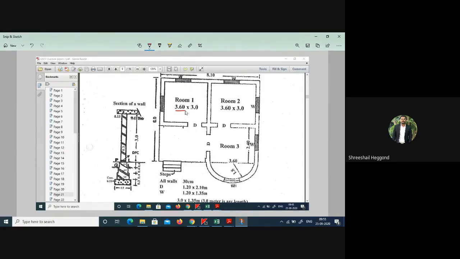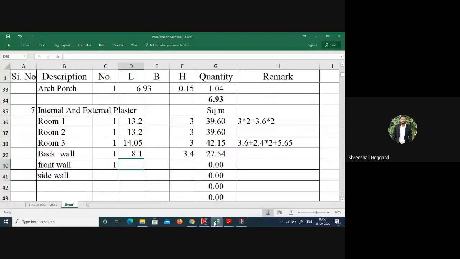If you are calculating end to this end, that will be 3.6 plus 1 wall thickness only, because this side is only internal. Wall you have to consider separately. This will be 3.6 plus 1 wall thickness, 3.9. That can be written as length 3.9 and height is 3.4.